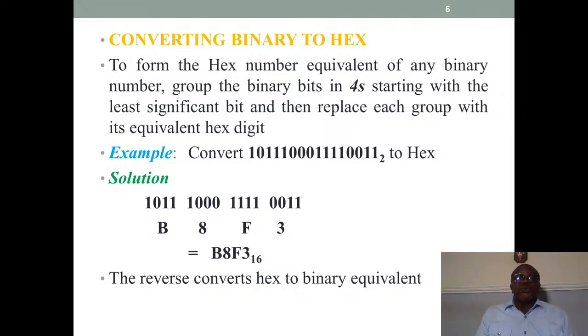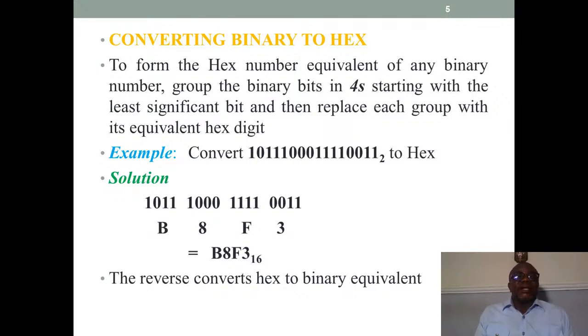So if you convert 15 to its binary equivalent, it will give you 1111. And we use F to represent 15. So to convert from binary to hexadecimal becomes very easy.